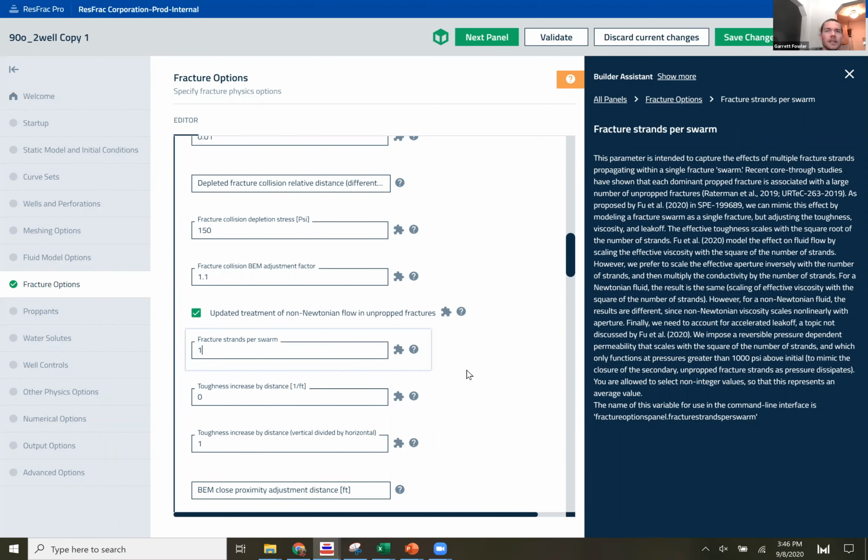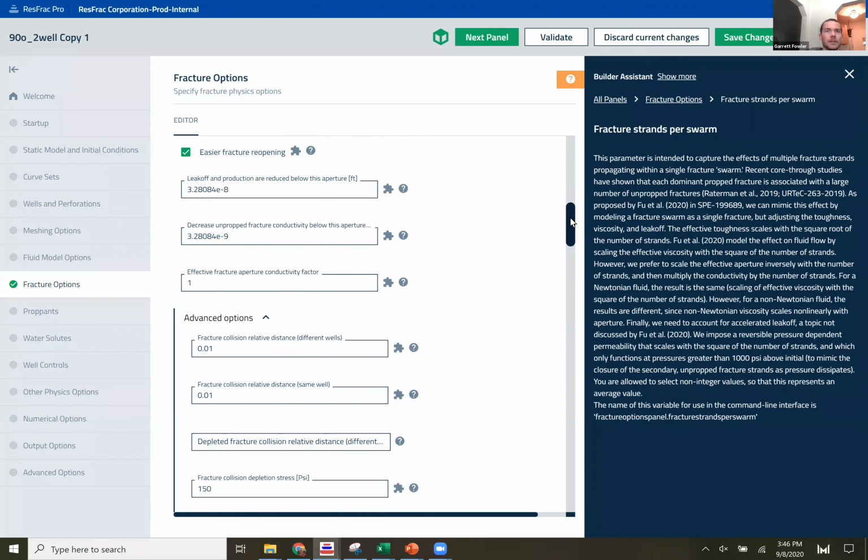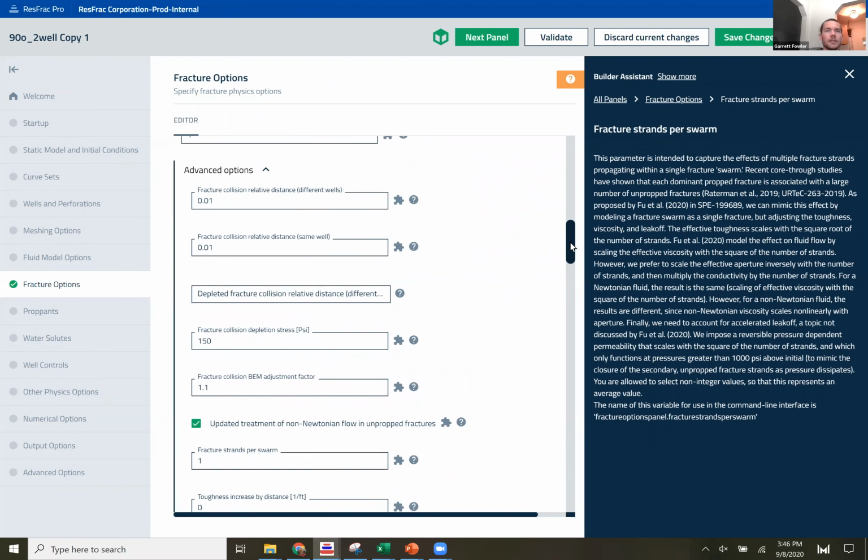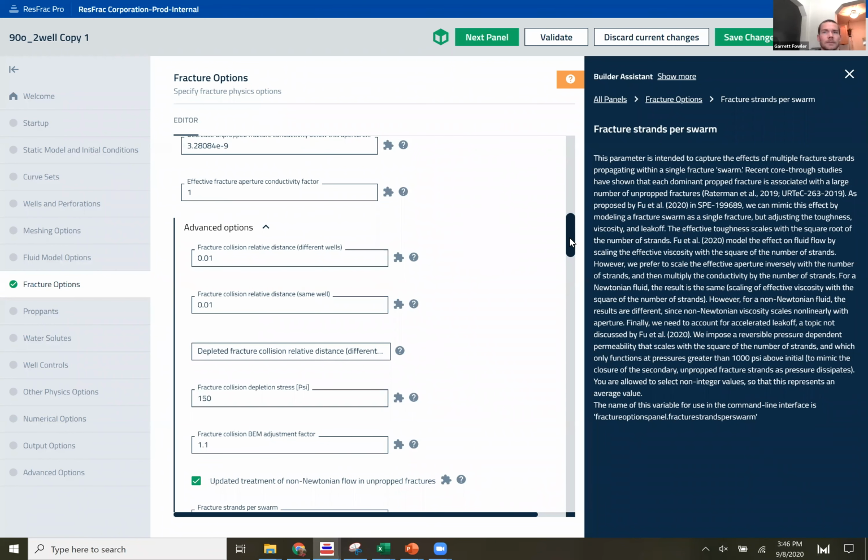And what that does is it adjusts PDP, so pressure-dependent permeability, which we're using to accelerate leak-off, then the maximum aperture, and the toughness. So in changing this parameter, you change those three separate parameters concurrently altogether. Alternatively, as Dave is doing, you can tune each of those parameters individually.